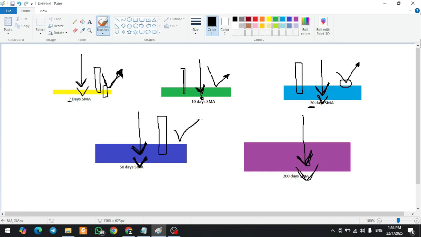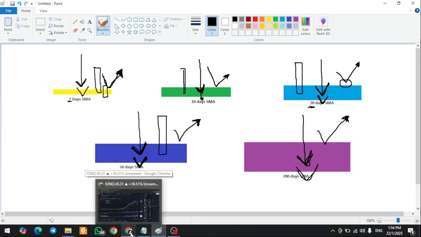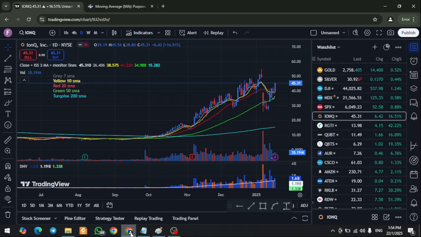And the same goes here. This is the best way to make it your support line, and the 200 moving average is always the thickest one, so the hardest to break.